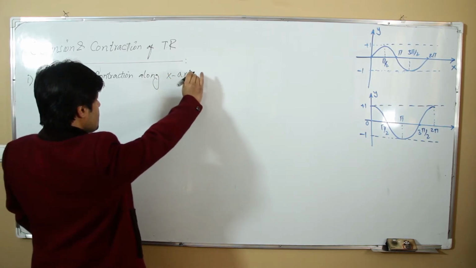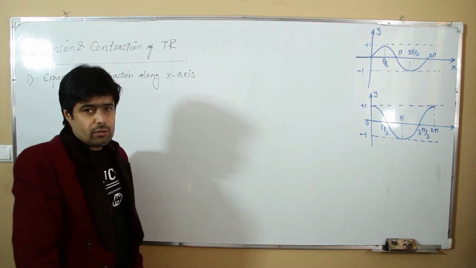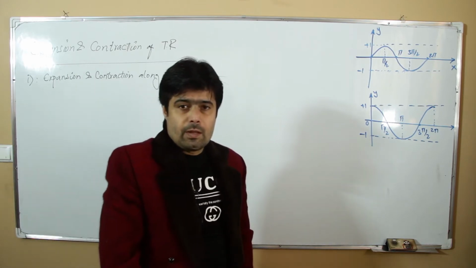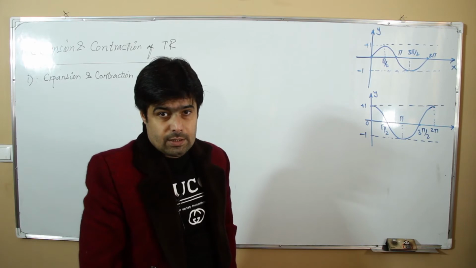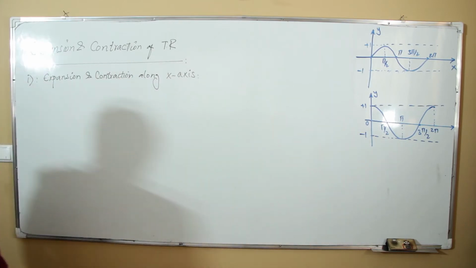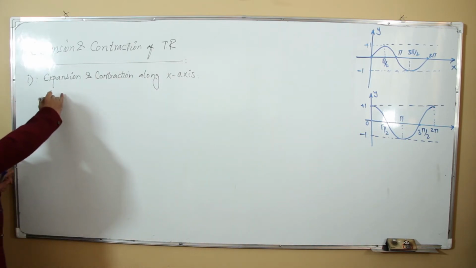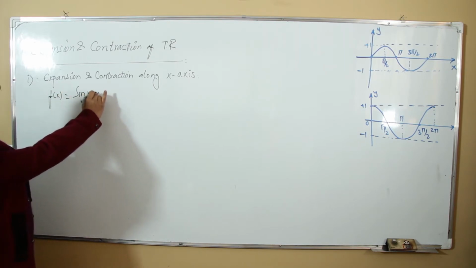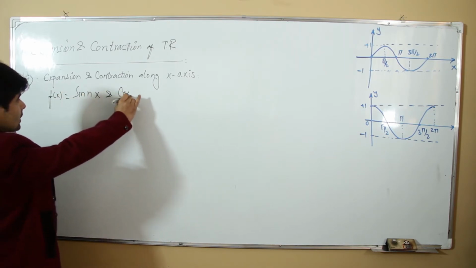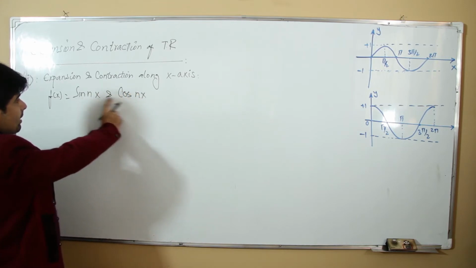What does it mean? It means we have two kinds of expansion and contraction. First along the x-axis and second along the y-axis. Whenever you're talking about the x-axis, the graph looks like f(x) = sine nx or cosine nx. n is a number.